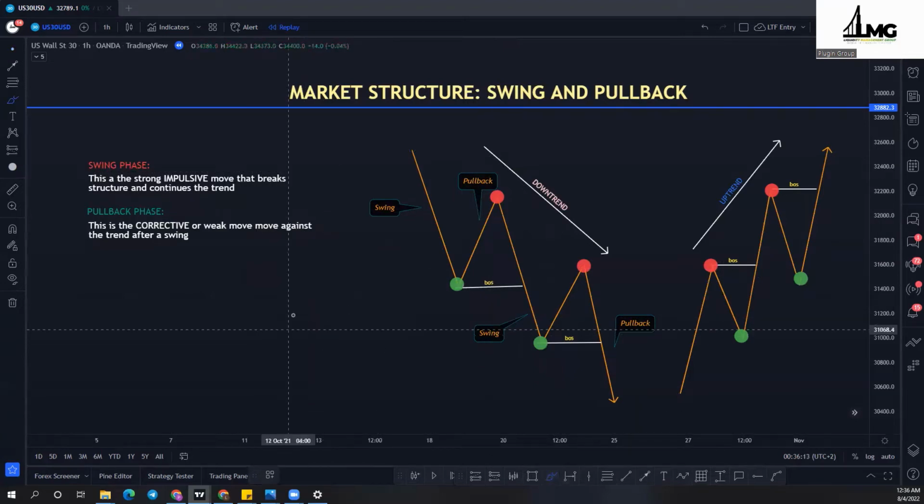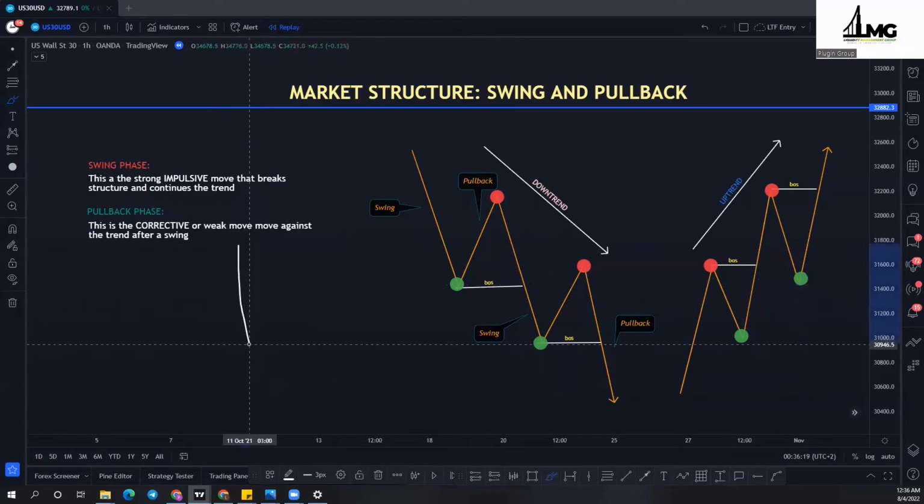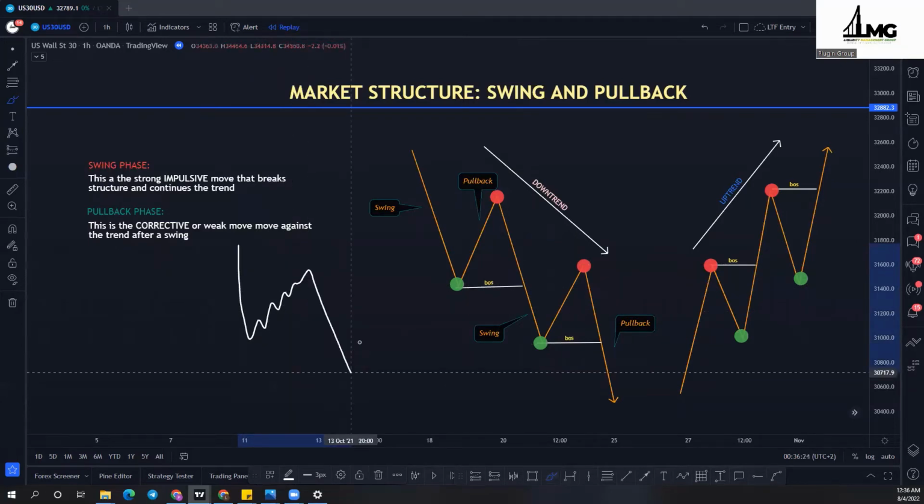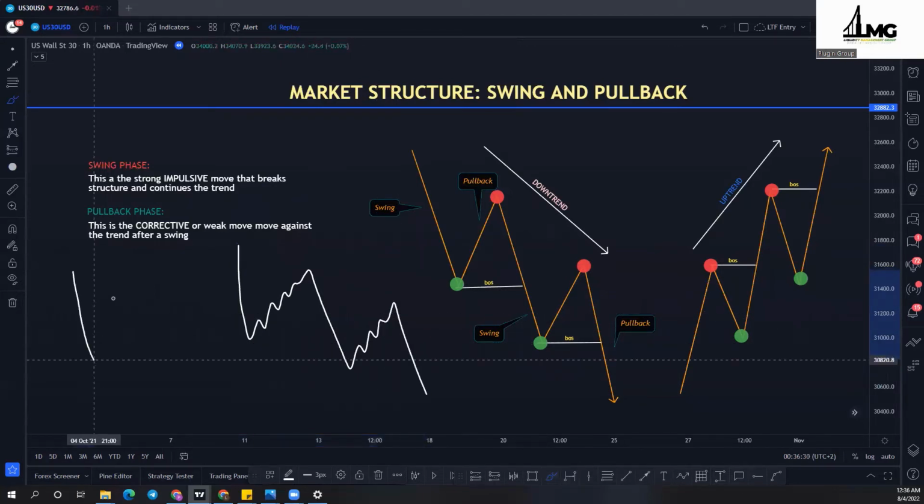So if I was going to illustrate in a more graphical way, I would say an impulsive move is a strong move to the downside. Then we have a bit of a correction, and then we have a swing, right? Pullback, pullback, pullback, swing, right? So in rare cases, we have a swing, and then we have another strong push to the downside, and then another strong push to the downside.